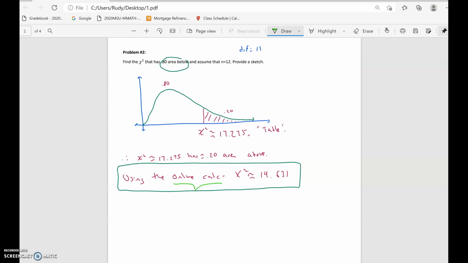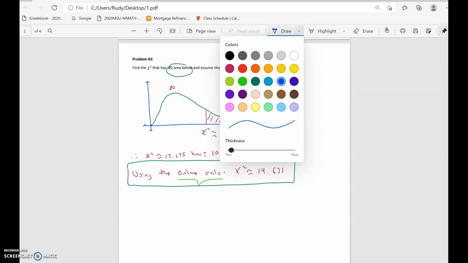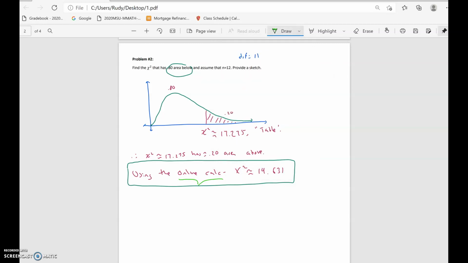If they want software, StatCrunch or that link will do it. Other problems may ask you to use the table. So the table here provides a little bit of a discrepancy, but it is technically the best that we can do based on the constraints.